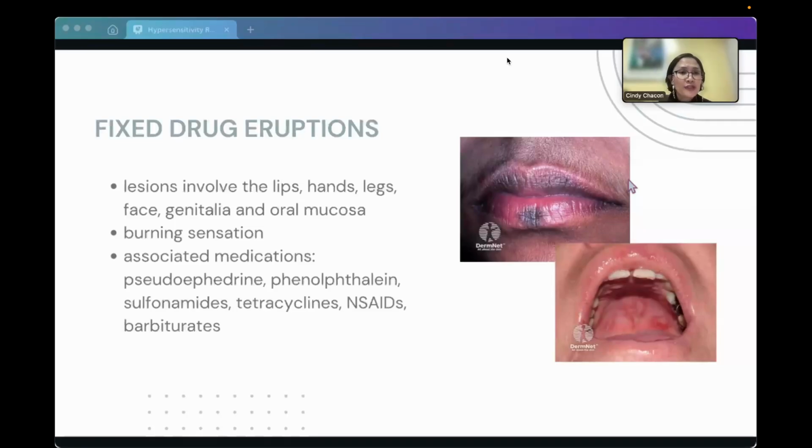It may also cause a burning sensation. Most patients have multiple lesions. Fixed drug eruptions have been associated with pseudoephedrine, frequently a non-pigmenting reaction, phenolphthalein in laxatives, sulfonamides, tetracyclines, NSAIDs, barbiturates, and other drugs.